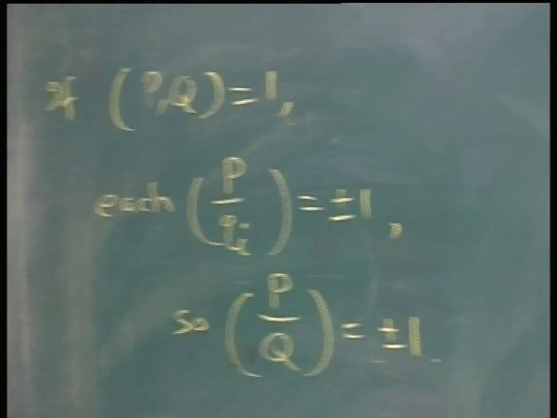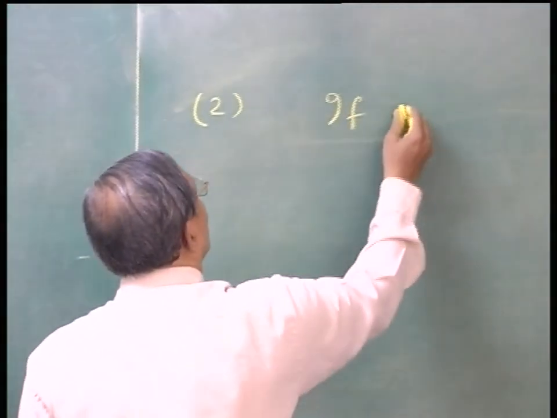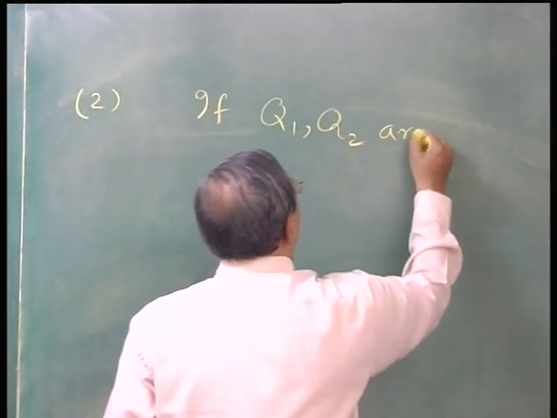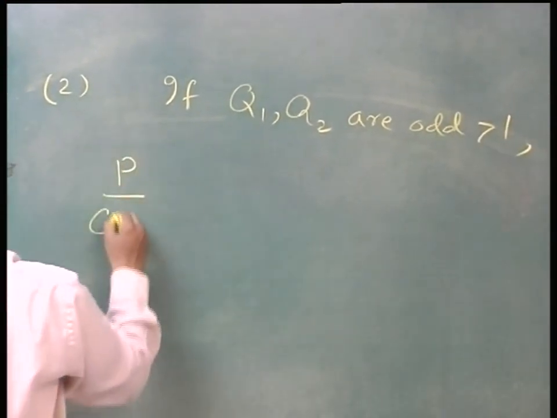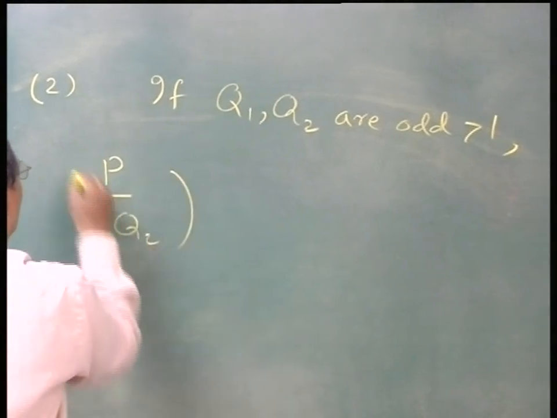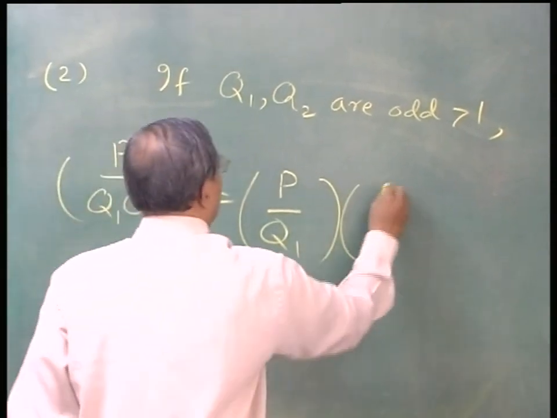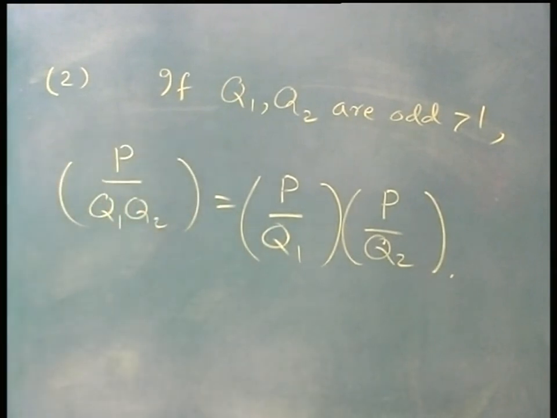The second property is that if Q1, Q2 are odd, bigger than 1, then (P/Q1Q2) equals (P/Q1) times (P/Q2). This is the multiplicative property for the denominator.